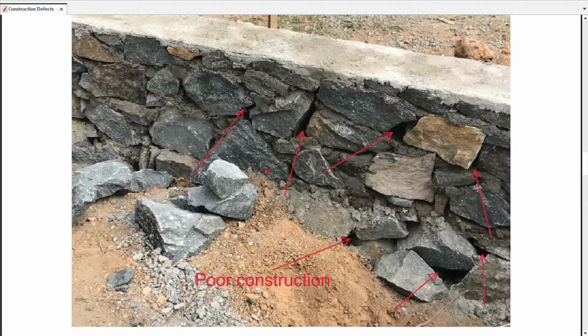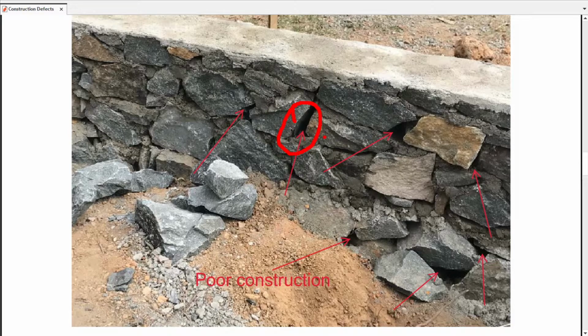This is another kind of issue in the construction of foundations. This is a rubble foundation, as you can see. Now there are so many cavities in the foundation, and they are very huge. If you do rubble foundation construction in this manner, there will definitely be issues. The bonding will be improper. When loads are applied on the rubble foundation, there may be settlement in the foundation.